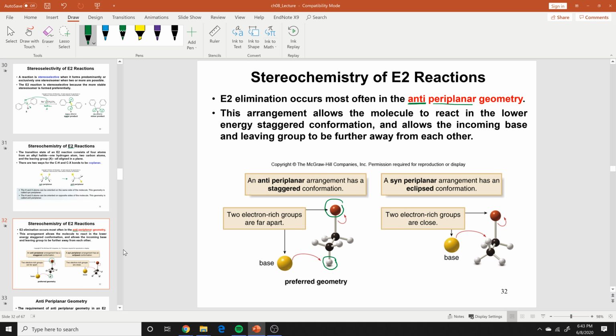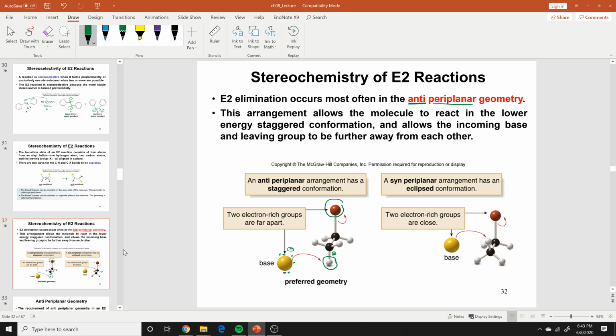In case you were working with a chair conformation, a cyclohexane chair conformation. Now the whole idea is to have a favorable E2 reaction. The base is going to come. This is the base with a lot of electrons, lone pairs in there. That negatively charged base is going to come and attack the beta hydrogen.